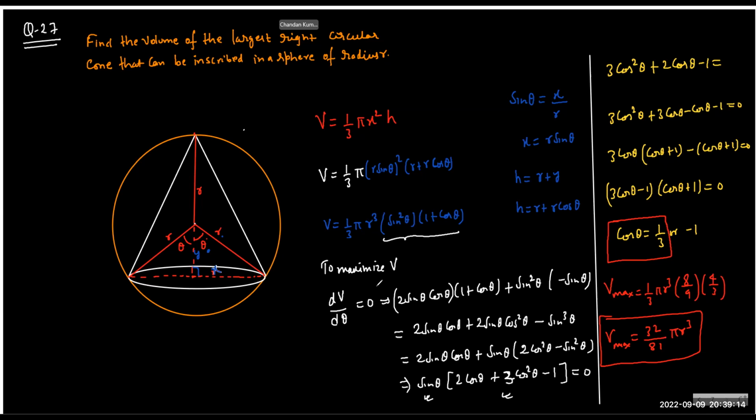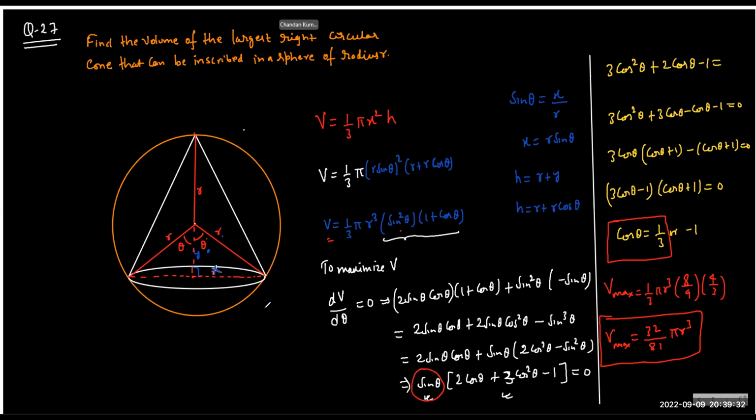But you can eliminate the answer by looking at it. If I take sin theta equal to 0, then again the volume becomes 0, isn't it? If I make this 0, then this entire volume becomes 0 because 0 into something is 0. Understood?